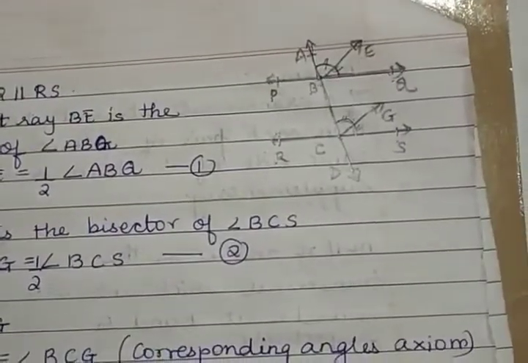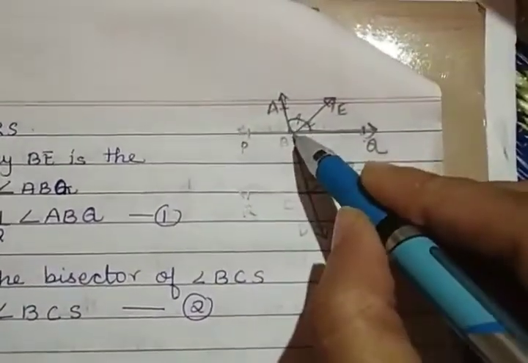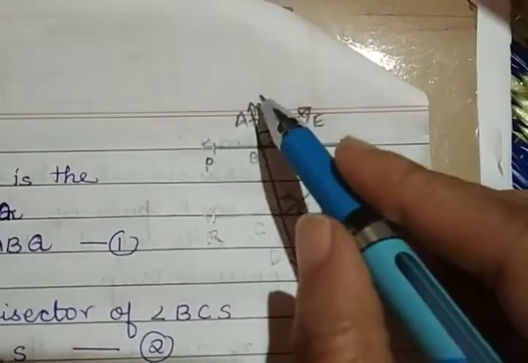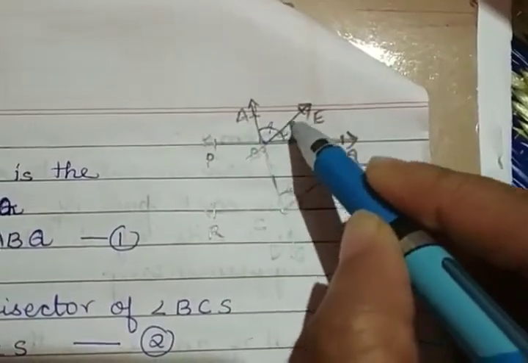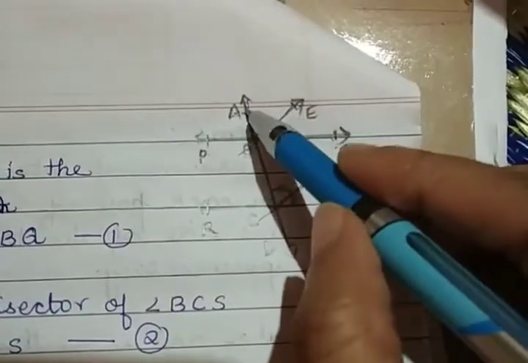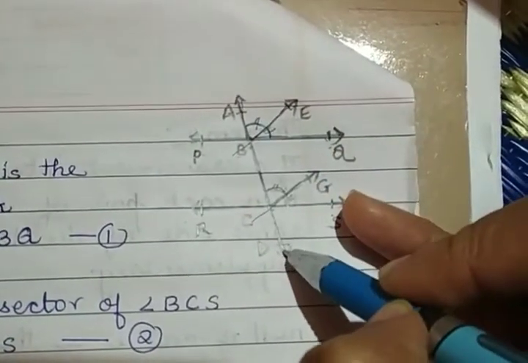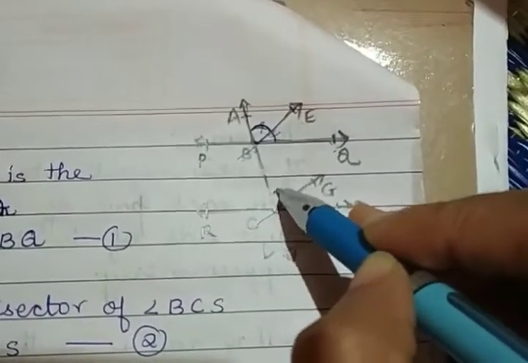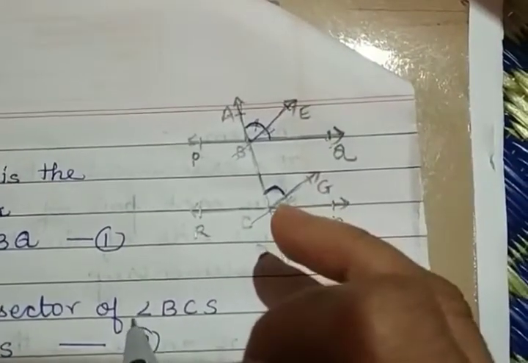What else is given to you? It is given that BE is parallel to CG. So these two are parallel, and AD acts as a transversal. So this angle will be equal to this angle. What is the reason?